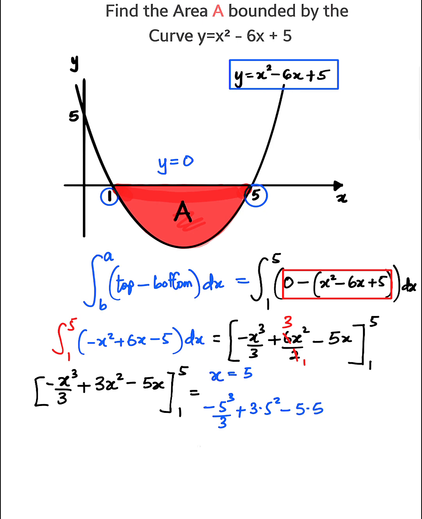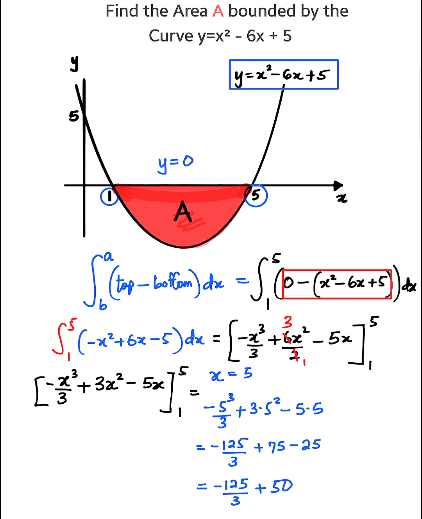Okay, and this will give us negative 125 all over 3, then plus 25 times 3, that'll give us 75, then minus 25. When we evaluate further, this is negative 125 all over 3, then plus 75 minus 25, that should give us 50.